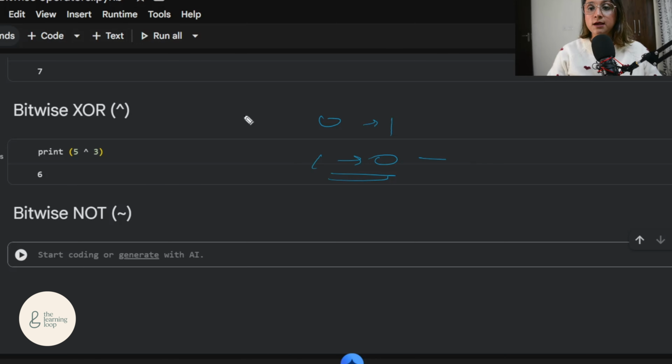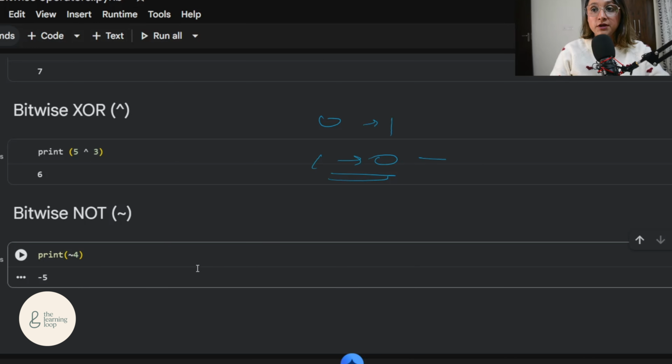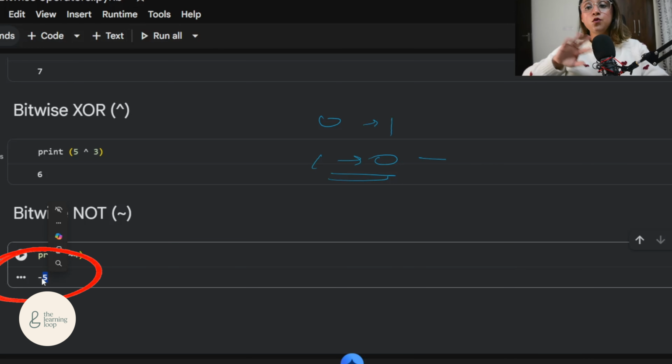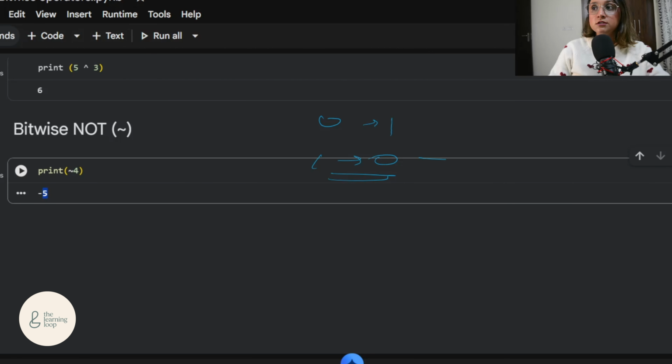Let's take an example. Let's say I do print and I say not 4, okay, and that should come as -5. I don't want to go too deep into how it does it, but you just know that because of this flipping of digits, the leftmost bits have been flipped to 1.